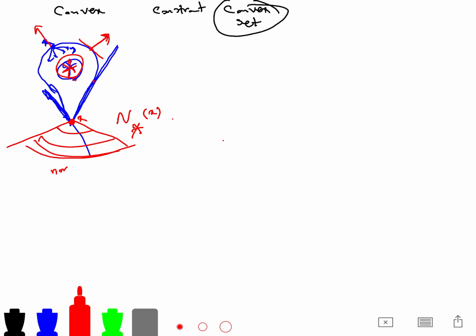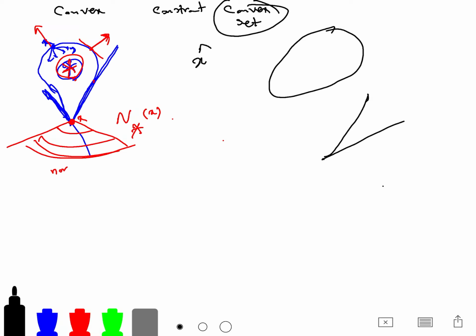And so, as usual, when you want to say that some point x hat is optimal, it depends on the situation. For example, let's say this one. If x1 is here, then no problem. You just say that 0 should be inside the subdifferential at point x1.